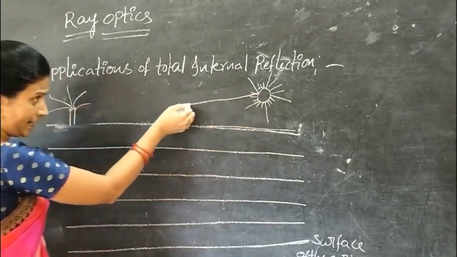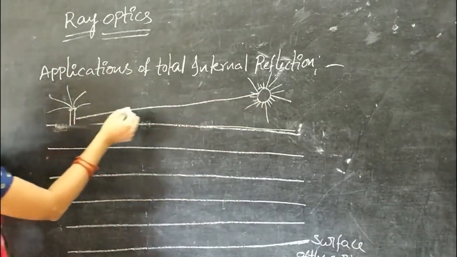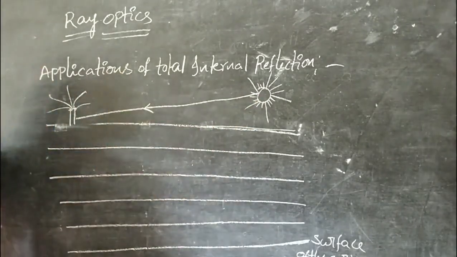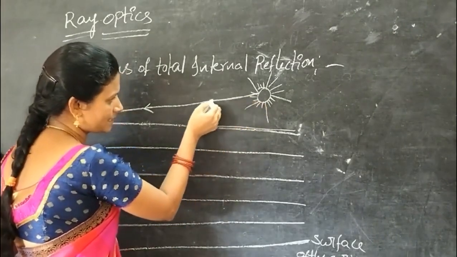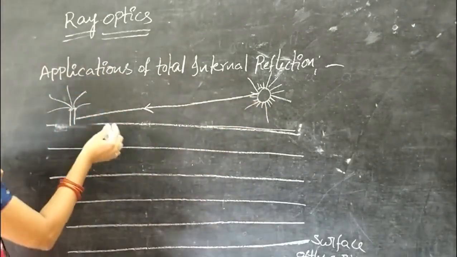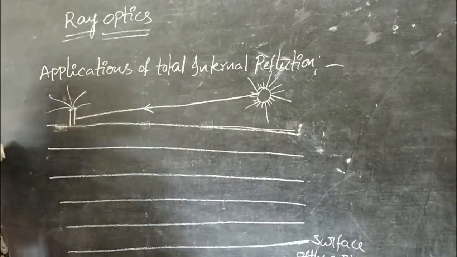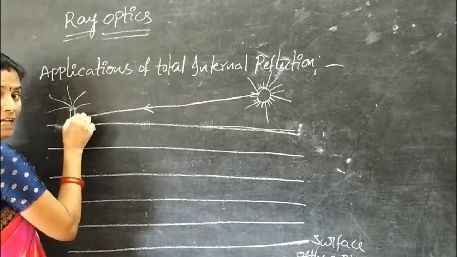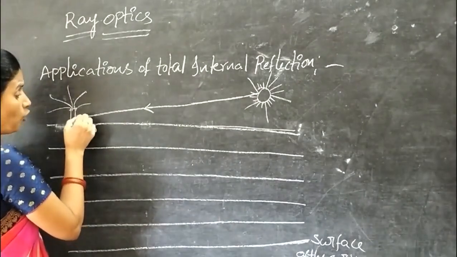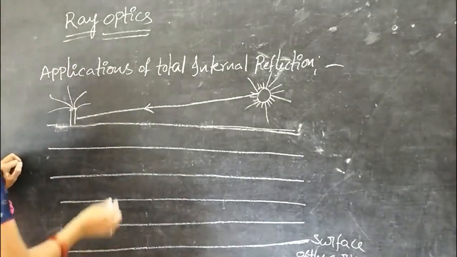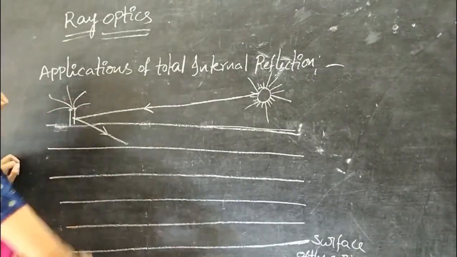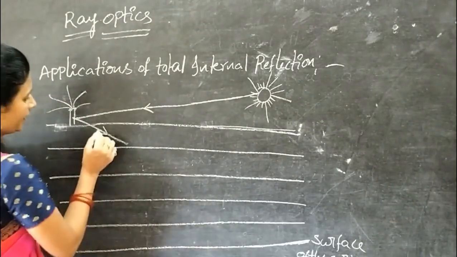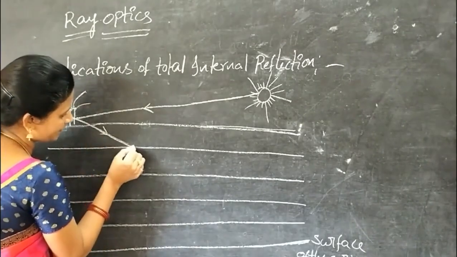The light ray is incident on the object, and that object reflects that light.